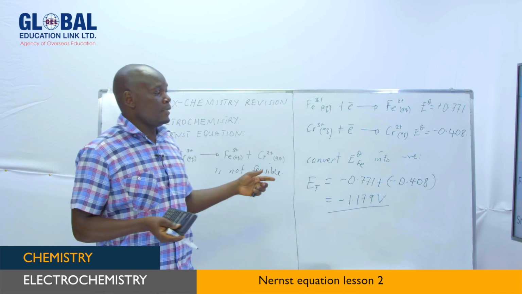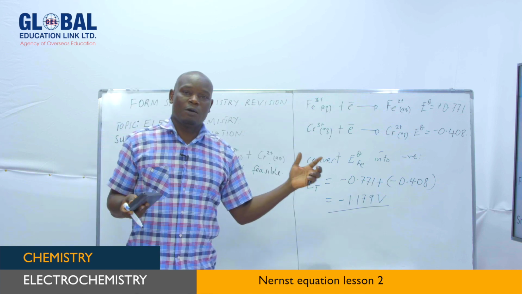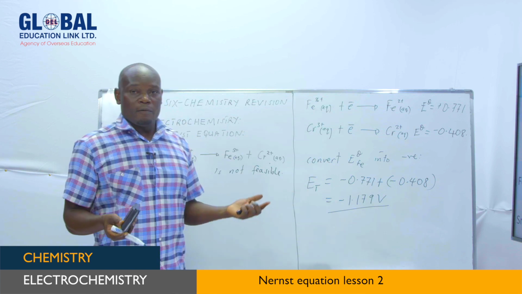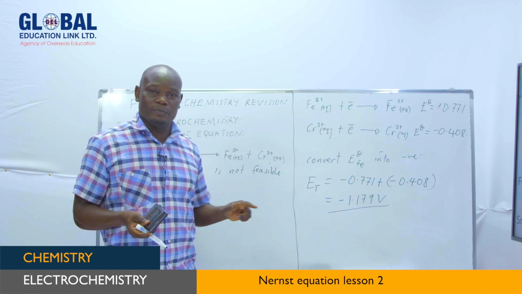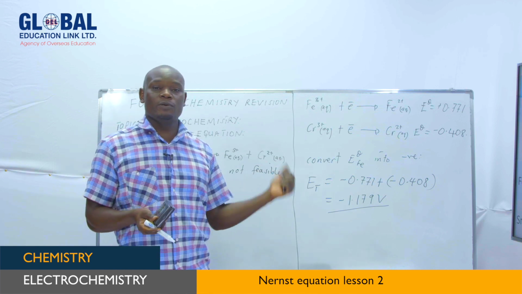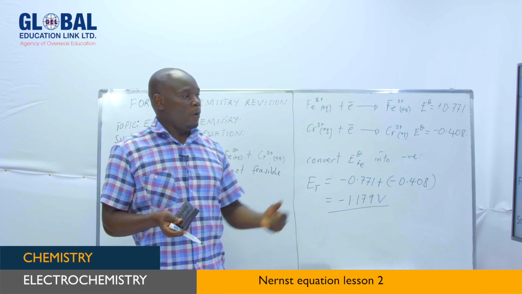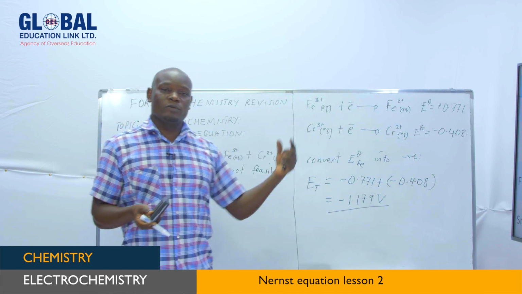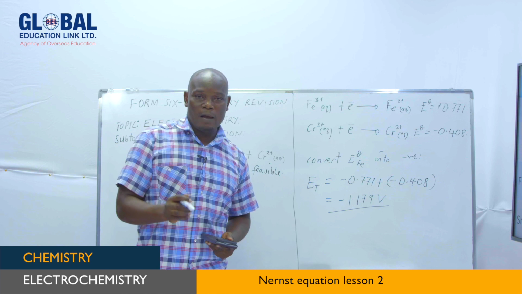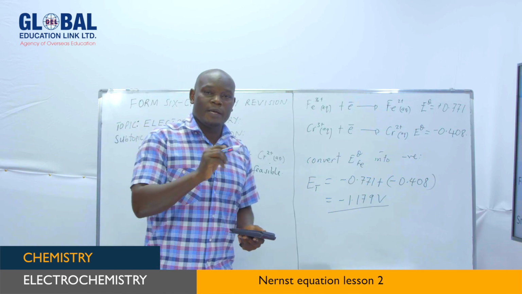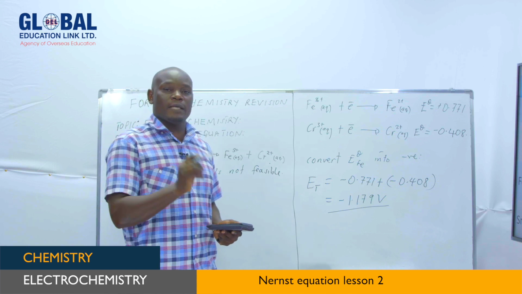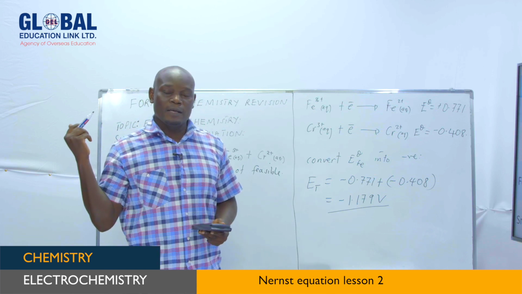Most of our materials are corroded because of chemical reactions taking place in those metals, and those chemical reactions are redox reactions. By using standard electrode potential, you can know a suitable metal to electroplate your metal so that you can prevent it from rusting.